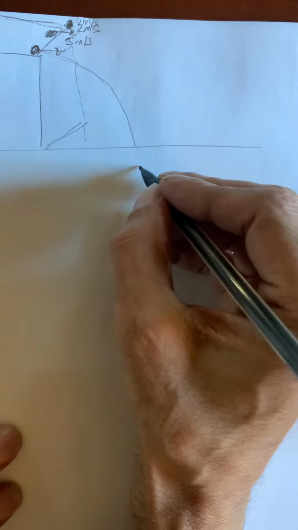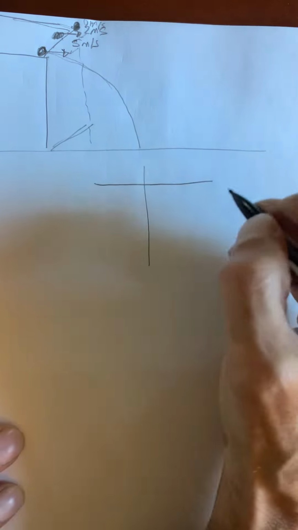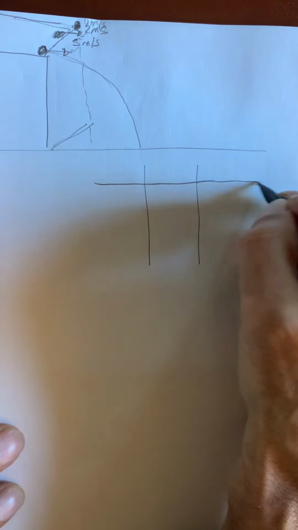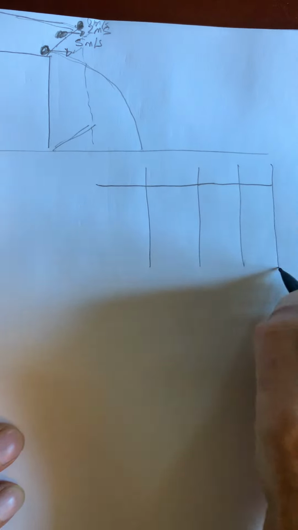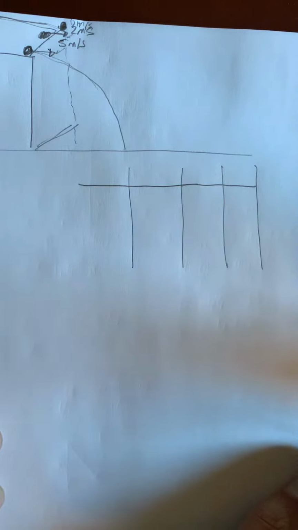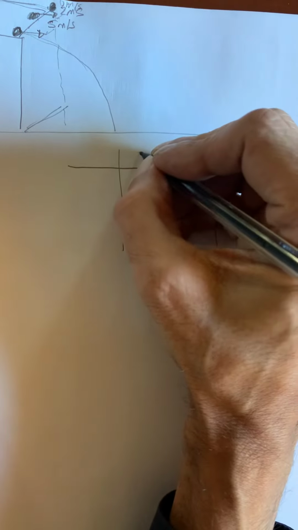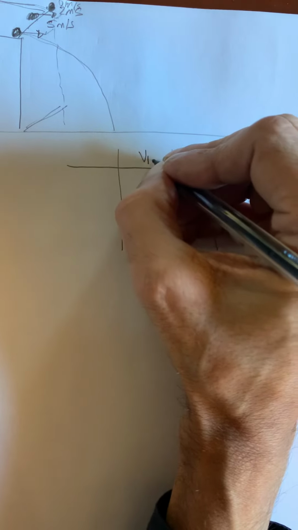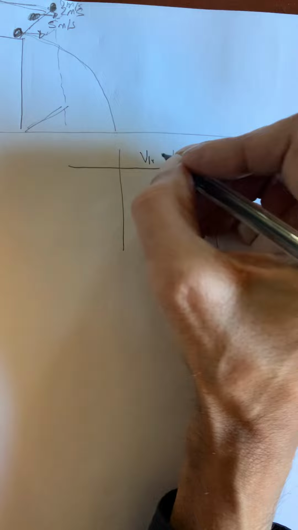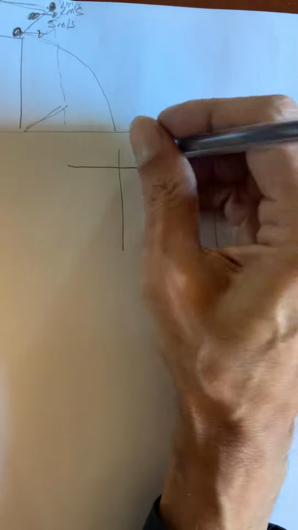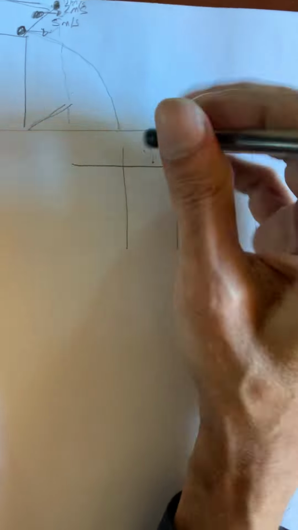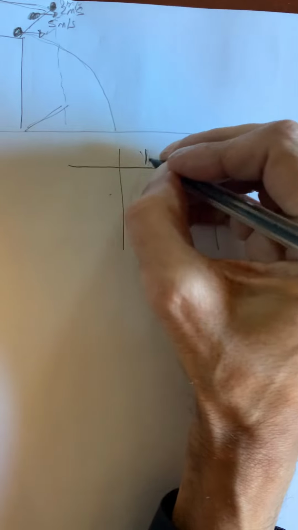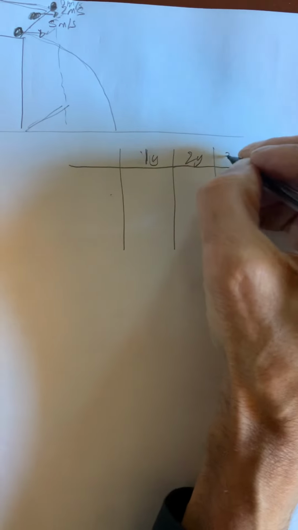So I hope you notice that, just to show you my point here, I'm going to make a table for all 3 of these motions. I'll just call it 1Y, 2Y, and 3Y.